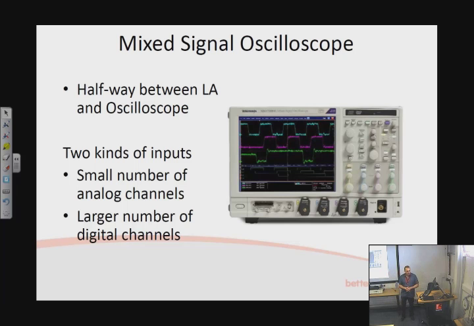So you can imagine you might be in a situation where there's a funny glitch happening once in a blue moon, and so we might use the logic analyzer to track the high level case and perhaps trigger a recording when this strange event starts to happen. And then we want to actually record the analog signal to try and find out why that event is happening. And so, mixed signal oscilloscope.